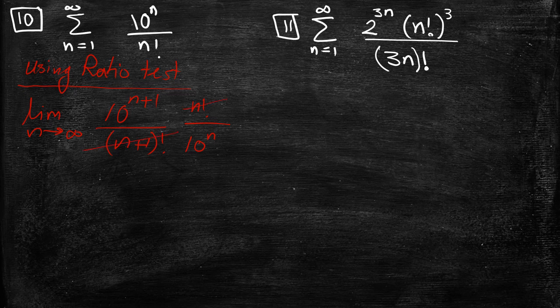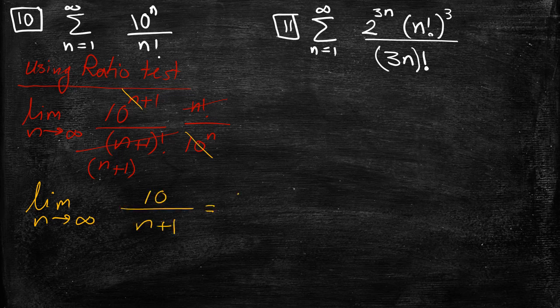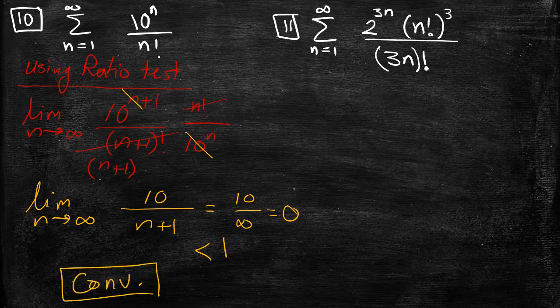This factorial is cancelled, and will end up with just n plus 1. 10 to the power n will cancel, and we end up with 10. So this is the limit as n approaches infinity of 10 divided by n plus 1. At infinity, 10 over infinity is 0. In this test, we are comparing with 1, so that's less than 1. So then our series under test here is a convergent series.